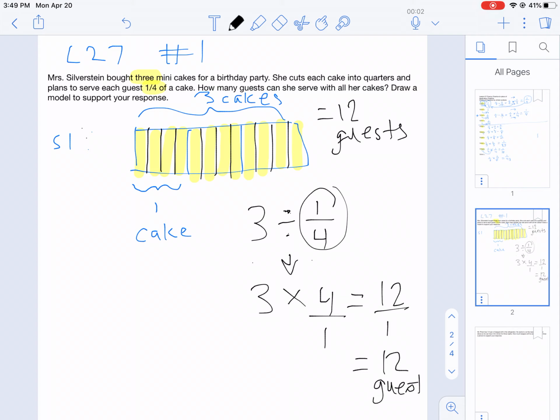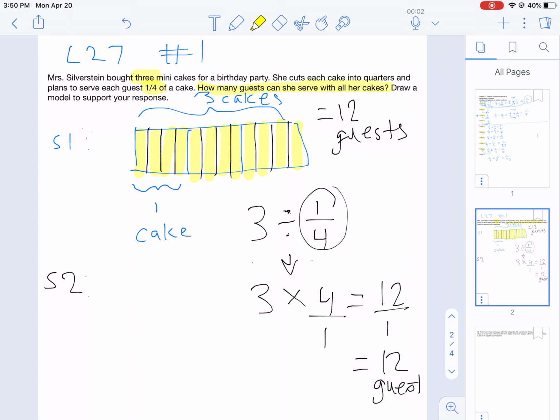So we just calculated. Step 2 is to calculate, to solve and write an equation. So we just calculated, and now we have to write a statement. So what is your statement going to say? Remember your question here. How many guests can she serve with all of her cakes? You are writing the question in your statement.